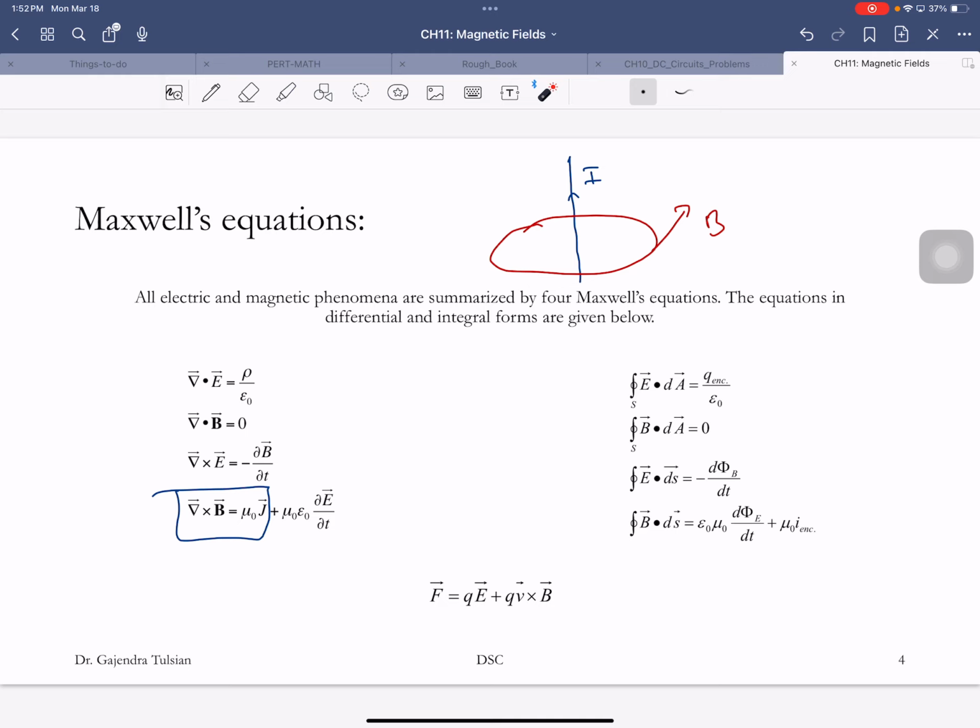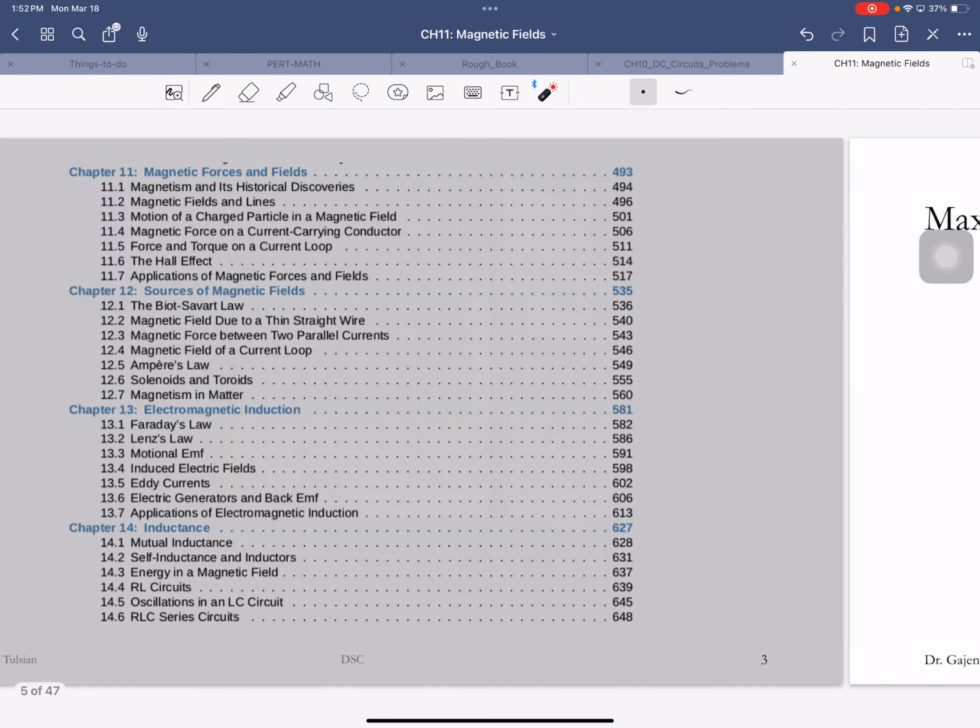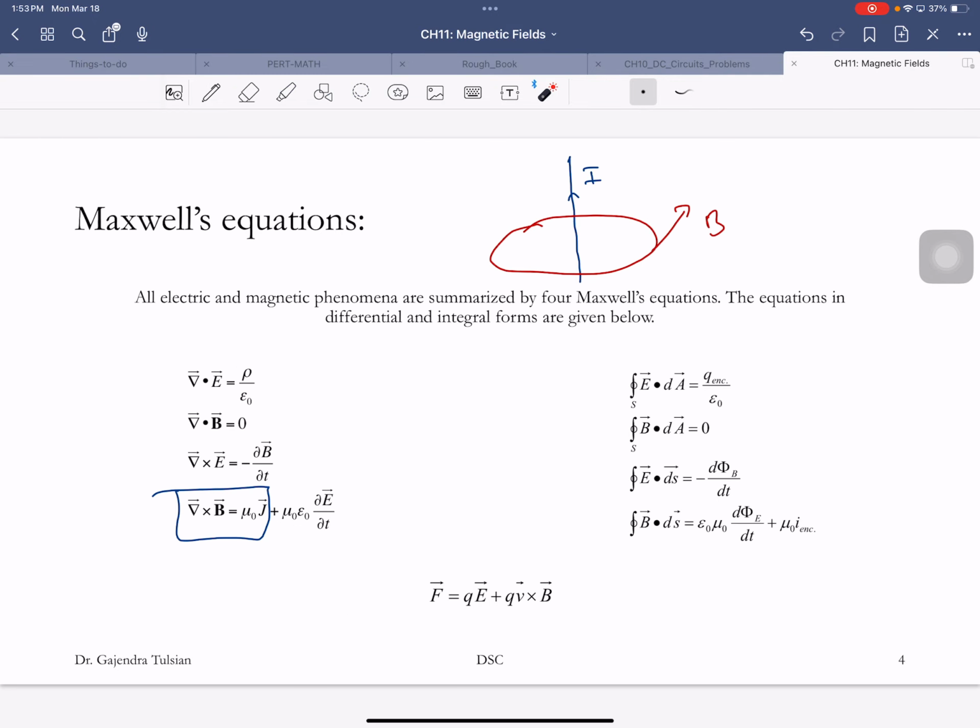What produces magnetic fields? Moving charges. Okay. And so here's a beautiful symmetric thing. Stationary charges produce electric fields. Moving charges produce both magnetic fields and electric fields. And once you produce the field, whatever produces the field, that's what detects the field.